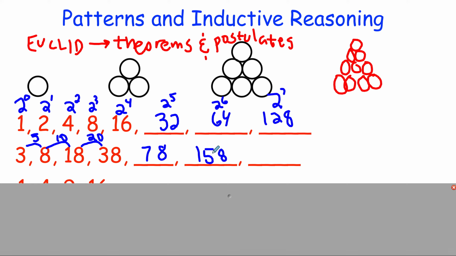And then the next difference would be 80 times 2, which is 160. And if we add 160 to 158, then we would get 318. Okay? So this pattern would continue.